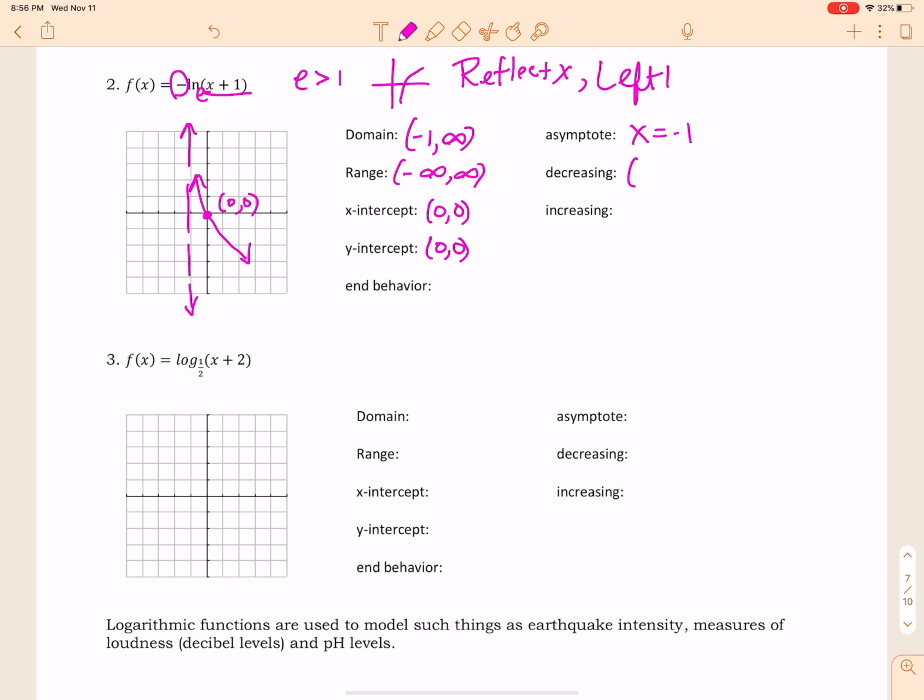It is decreasing from -1 to infinity. It is not increasing. End behavior right here: as x approaches positive infinity, y approaches negative infinity. Asymptotic behavior right up here: as x approaches -1 from the positive direction, y approaches positive infinity.